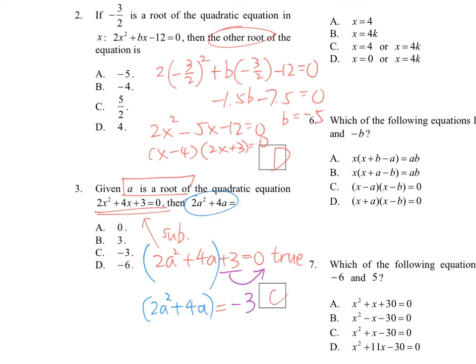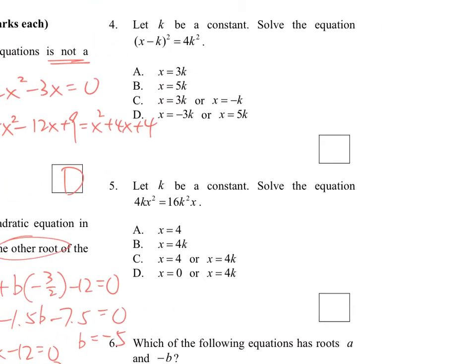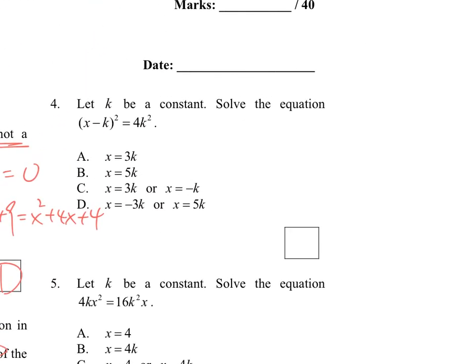Okay, question 4. Actually, you do not need to do the expansion. This question is similar to what we have learned previously. This is already a complete square form, and you can take the square root and make x the subject.